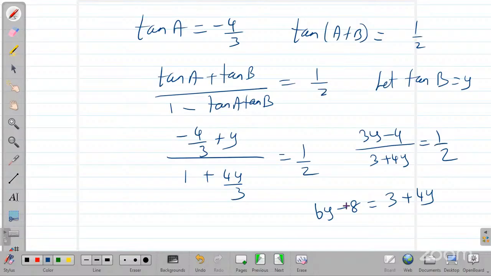Can you hear me? Sorry for the delay, I had a call. So you get the value 2y is equal to 11 and y is equal to 11 over 2. But you said you got a different value.